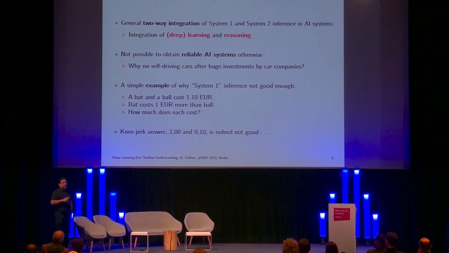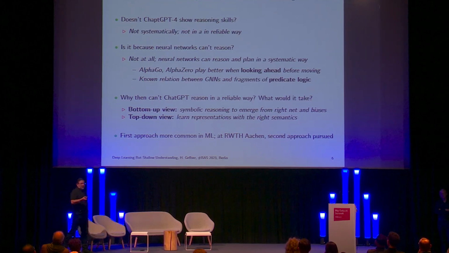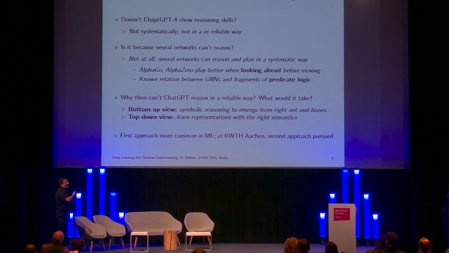If you don't have this sort of control, things are not so good, and these are the sort of things that are happening these days with AI systems. All these reactive answers will not work too well. So this brings us to another question: do systems like ChatGPT exhibit reasoning skills?